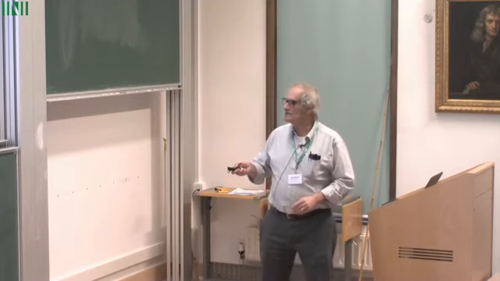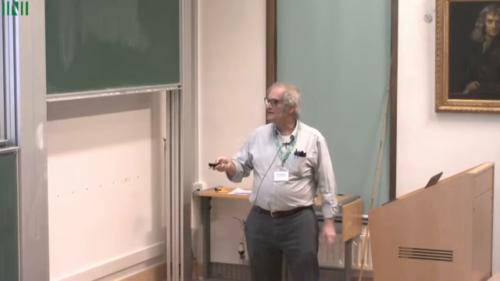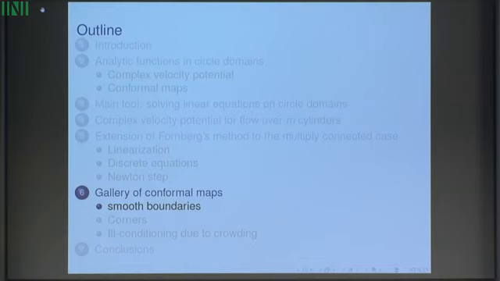So I put 20 or so slides of conformal maps here, and I'll try and show some of the problems that come up with, well, what can be done with smooth boundaries. Corners are very difficult, combining corners with Fourier series.